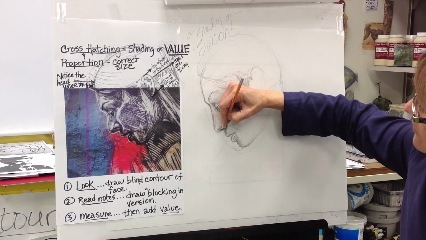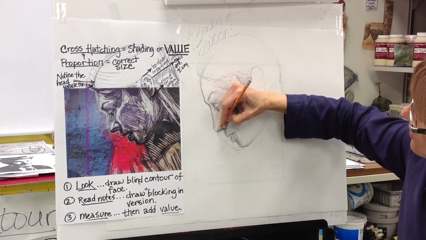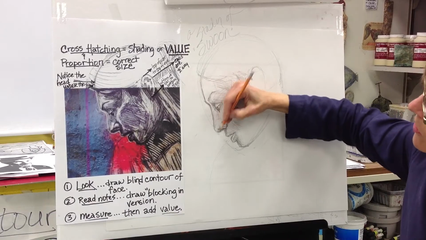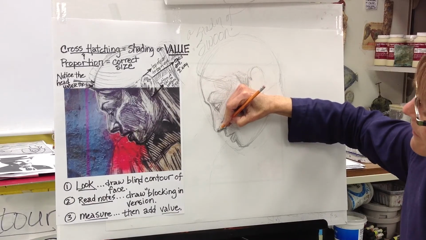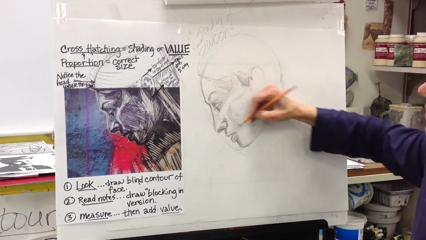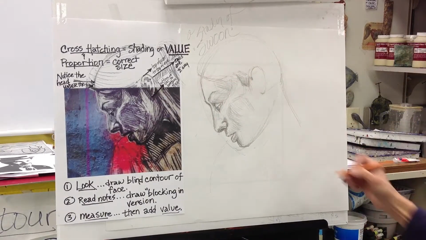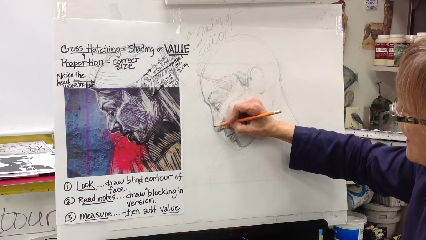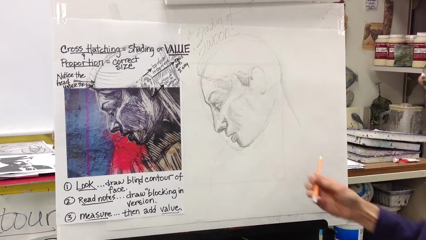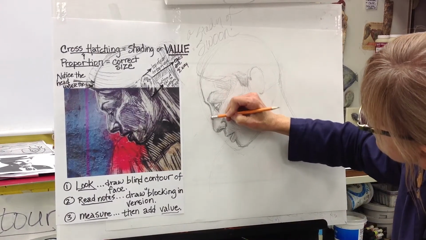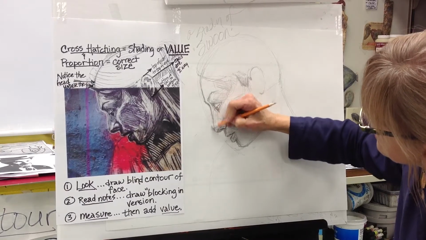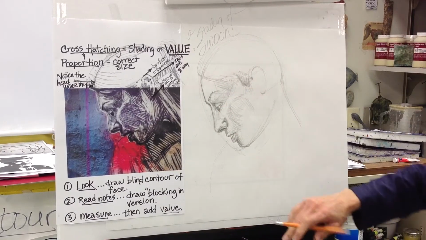You're looking at a master artist, and you are learning from that artist as if they were right there teaching you. I think it's a wonderful way to learn because, especially if you find an artist you like, you learn from them, and then you can incorporate some of those qualities into your own work.